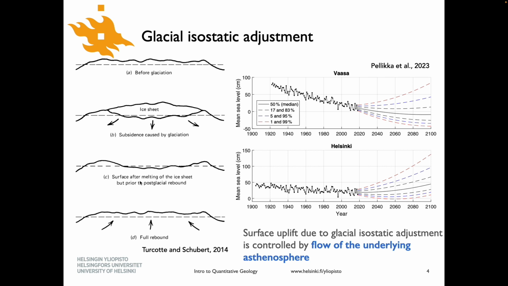Can we determine the flow rate of the asthenosphere from the upward motion of the crust? In essence, that's one of the ways in which we've been able to estimate what the viscosity of the asthenosphere would be: from the rate of rebound.